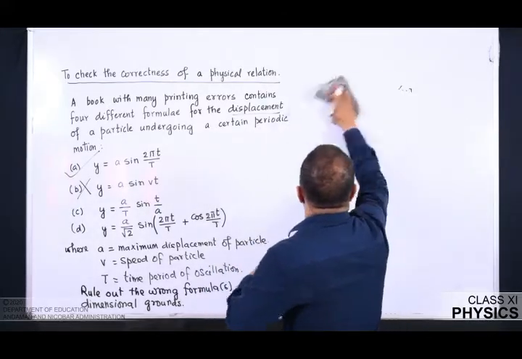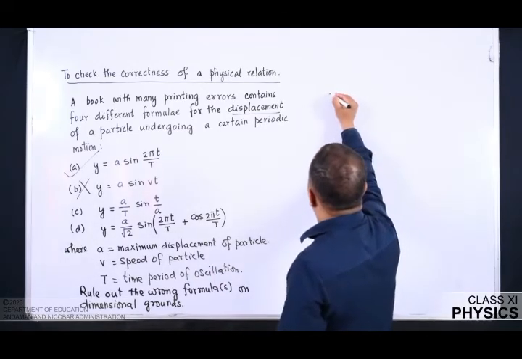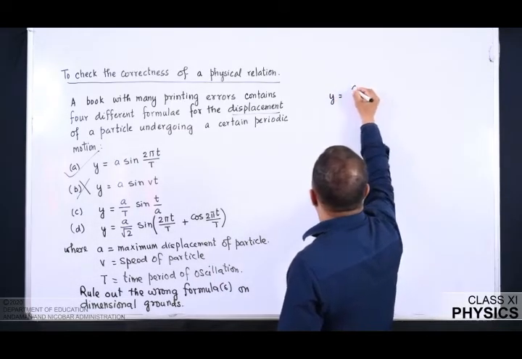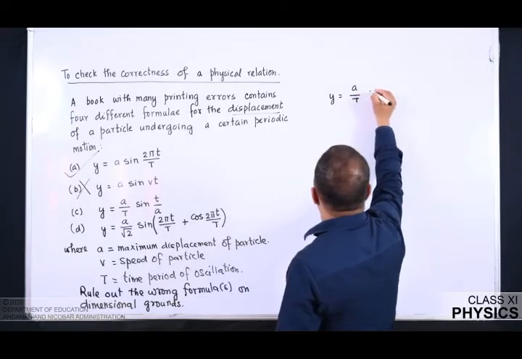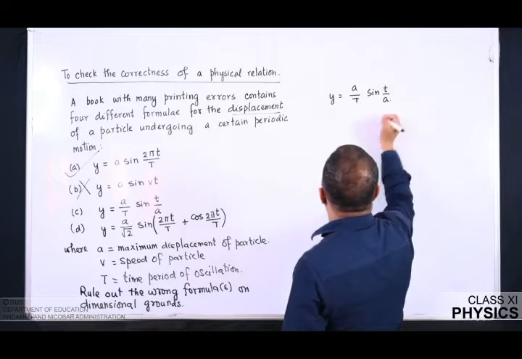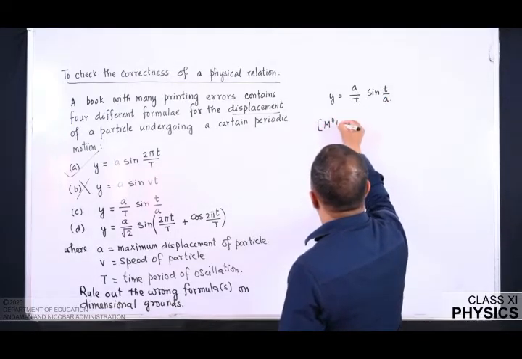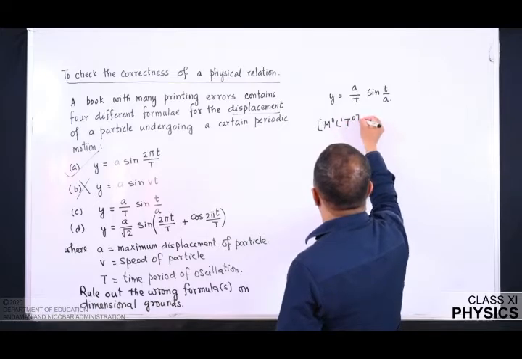Let's check C. On the same line, if we have y is equal to a over capital T sine t over a. When I check the dimension here, it is M power 0 L power 1 T power 0.